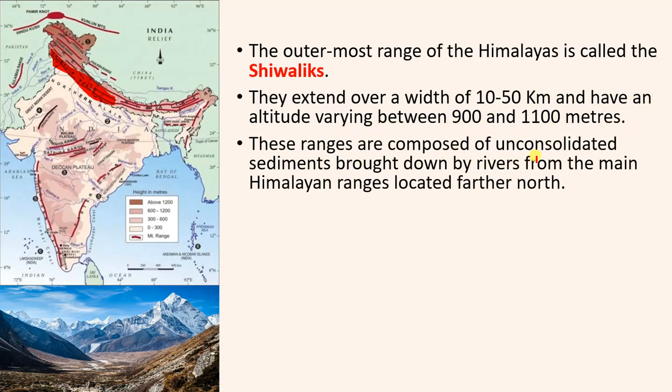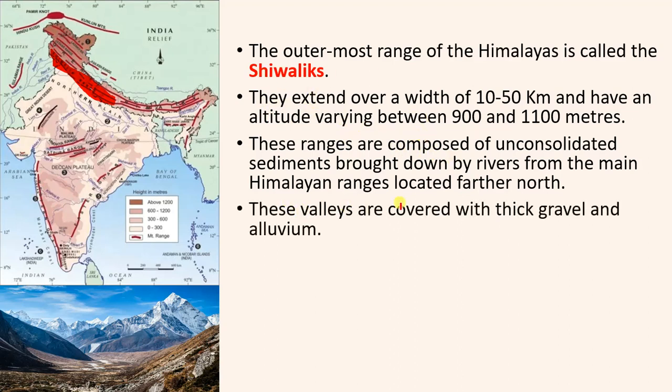These ranges are composed of unconsolidated sediments brought down by rivers from the main Himalayan range located further north. Meaning when the rivers descend from this higher altitude region, they carry some rock parts and sediments, and that is seen in these Shivalik ranges.